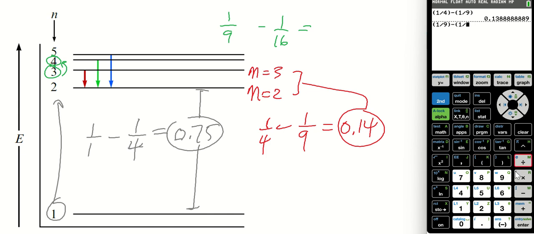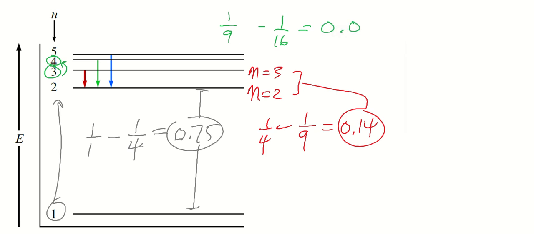Minus 1 over 4 squared, which is 1 over 16. 1 over 9 minus 1 over 16 is, again, much smaller: 0.05-ish. So that's the distance here from 3 to 4. It's a fraction of that, which is a fraction of that. They're getting much smaller.